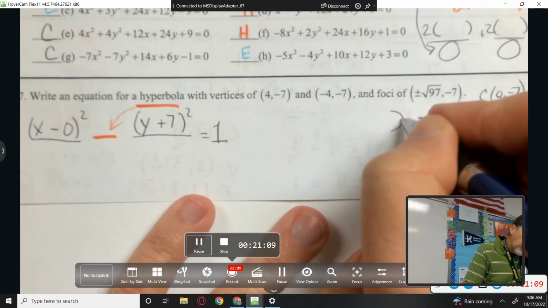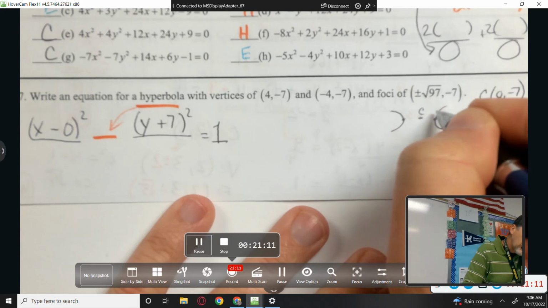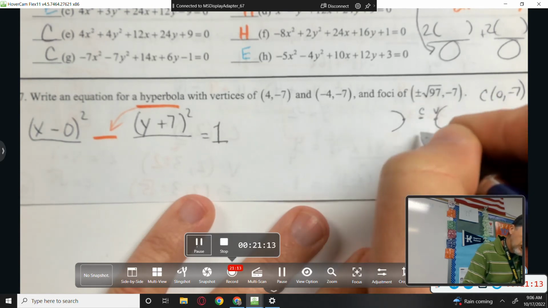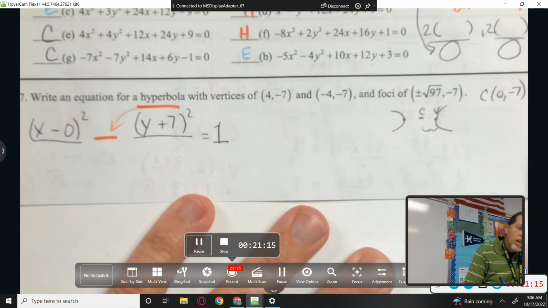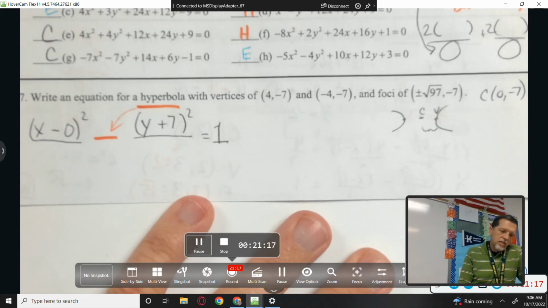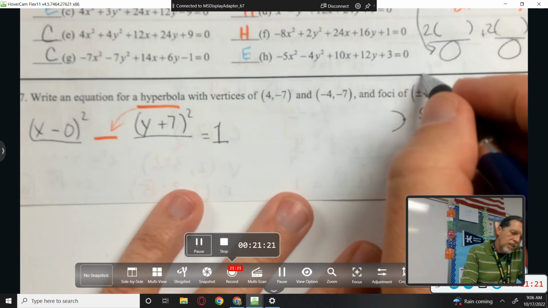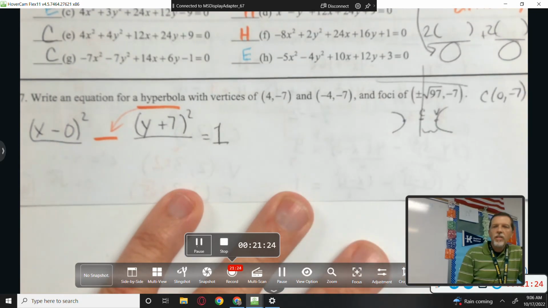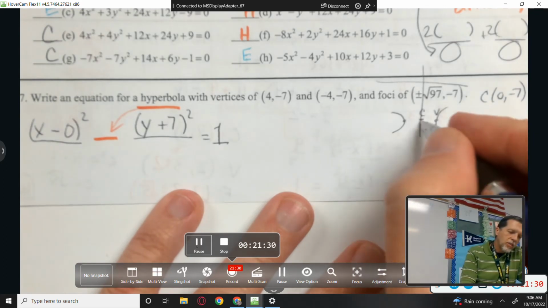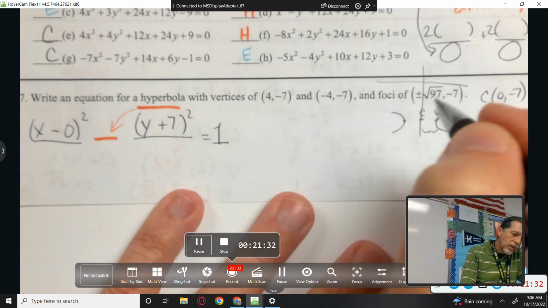So how far is it from the center to a vertex? Let's see, the center is at 0, -7. We could put this on a graph if we wanted to. So how far is it from the center to a vertex? 4.